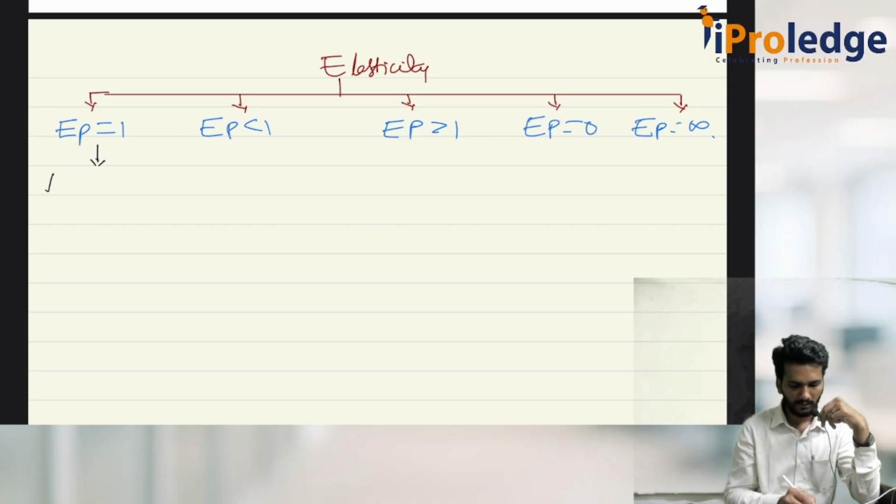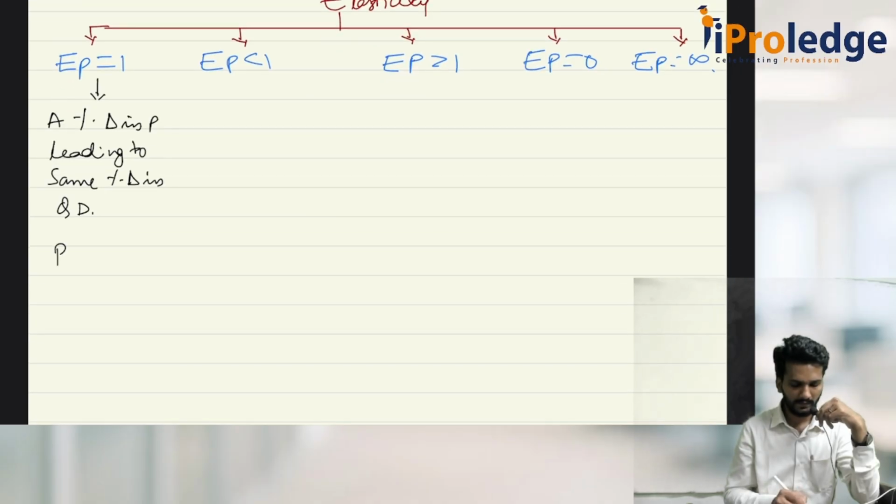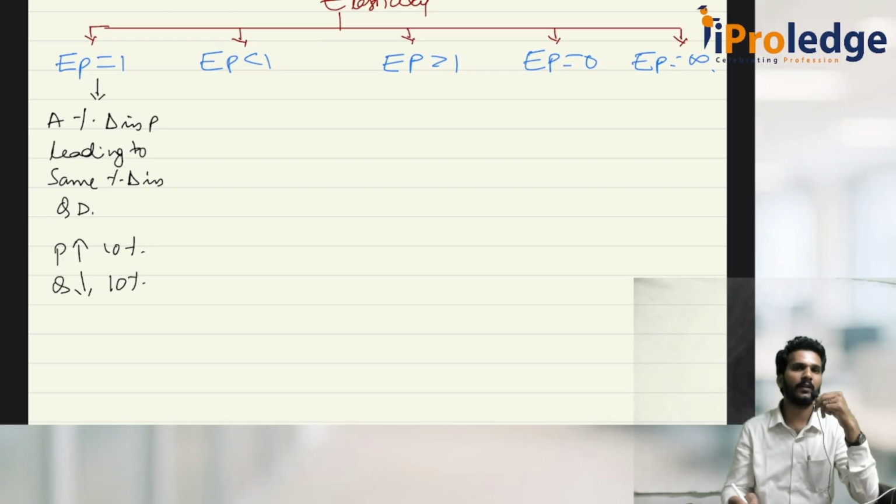That means percentage change in price leads to the same percentage change in quantity demanded. If the price increases by 10%, quantity decreases by 10%. This is what we can call elasticity of price. So 10% divided by 10% is equal to 1.